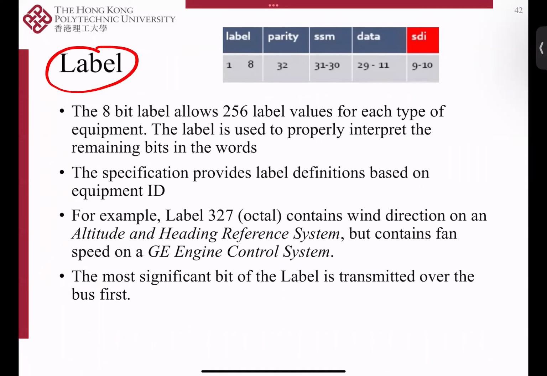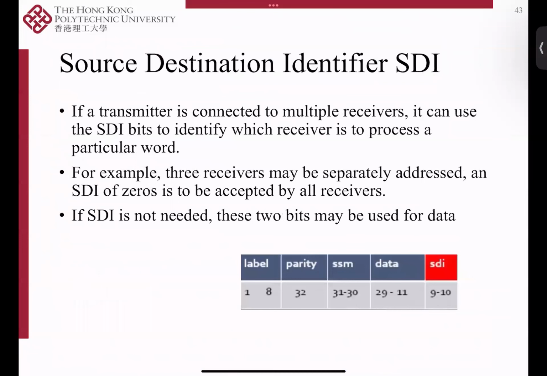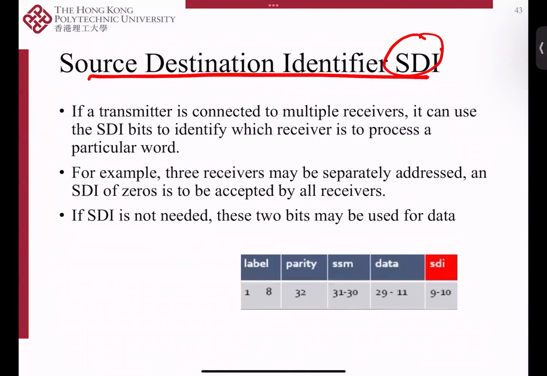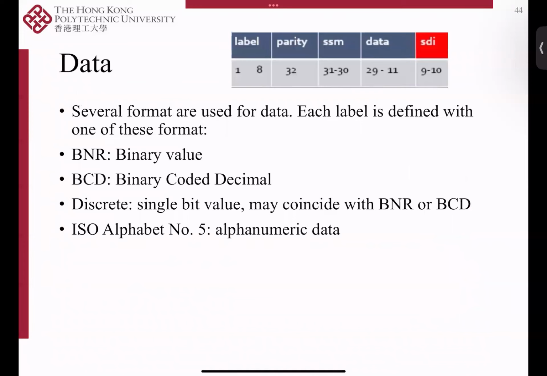The label is in the first 8 bits, and it is related to which information is going to be transmitted. The source destination identifier, SDI, is on bits 9 and 10. This is related to the definition of your system. Different systems will have different definitions, so it depends on the documentation.